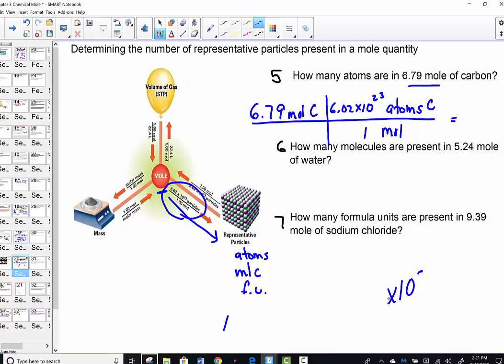Let's solve it and make sure we get a common answer. My key sequence on my calculator, I have a Texas Instrument, would look like this. It would be 6.79 times 6.02, and then I have to press second function.